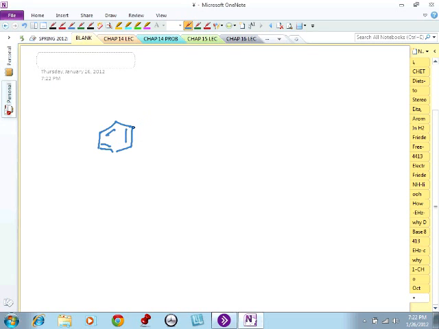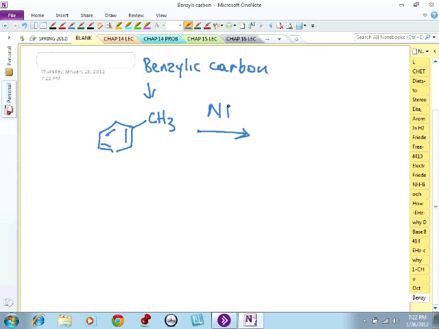Remember last semester we did this: if you have a benzylic carbon, any hydrogen attached to the benzylic carbon is called a benzylic hydrogen. So anytime you have a benzylic hydrogen, you could use NBS, which is N-bromosuccinimide, in the presence of a peroxide.